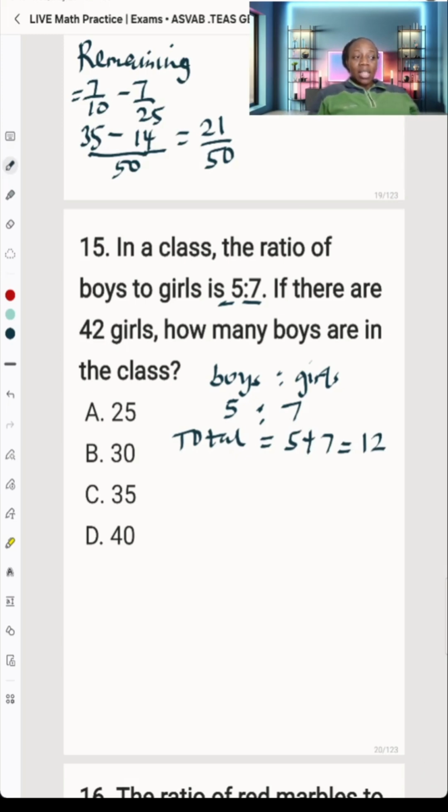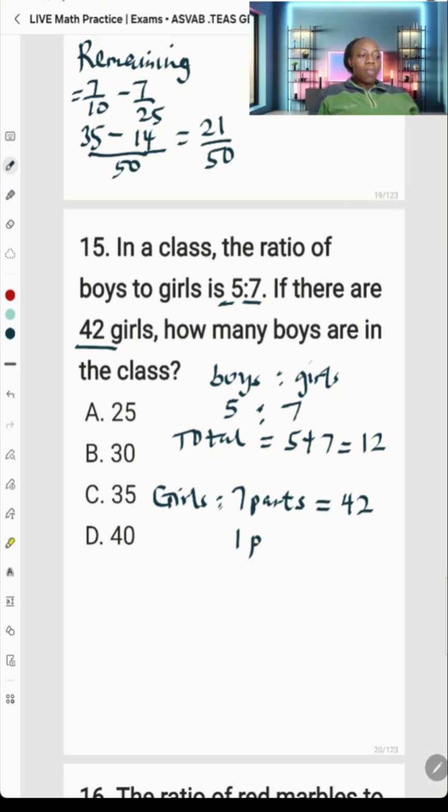Here, we can use proportion. We can use 42 girls and the ratio 7. Girls occupy 7 parts, and they are a total of 42. What will be 1 part?